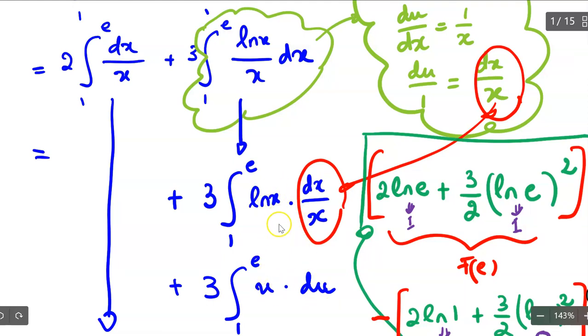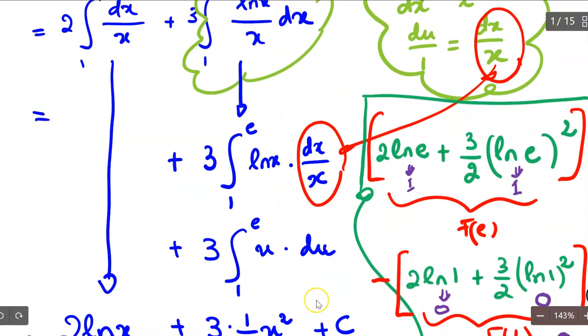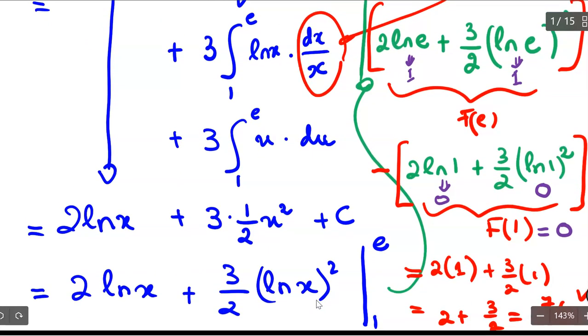So now your integrand changes into u times du. Then you can apply the formula for integration, add 1 to the exponent and divide by the result. After that, substitute what you let u equal to back into this, so it becomes ln of x, and then apply the fundamental theorem.